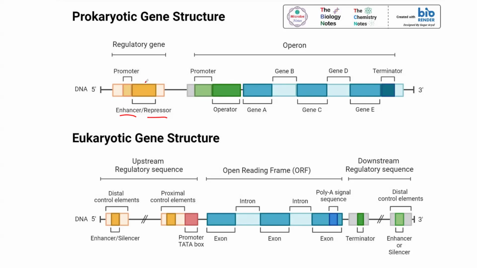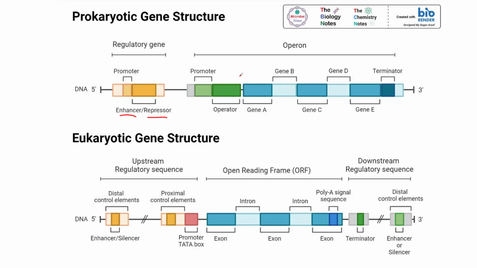If an enhancer binds to the promoter, the regulatory gene will be activated to promote transcription. If it is a repressor, molecules will bind to the promoter and activate the regulatory gene in such a way that the transcription of the operon will be blocked, suppressed, or decreased.